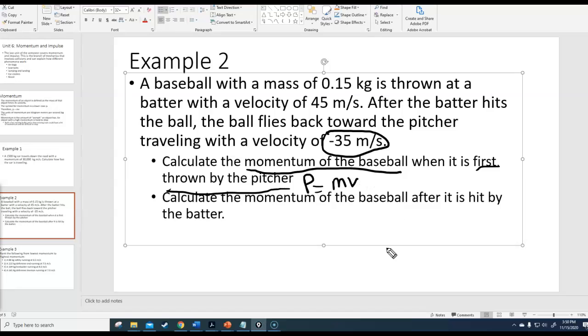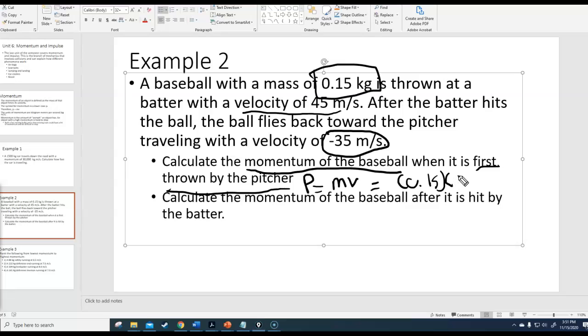Normally I would use GUESS to solve this, but I really don't even need to do that for this problem because it's such an easy calculation. The mass is 0.15 kilograms, so 0.15 times the velocity of 45 meters per second, because that's how fast the baseball was thrown by the pitcher. It says that in the first sentence.